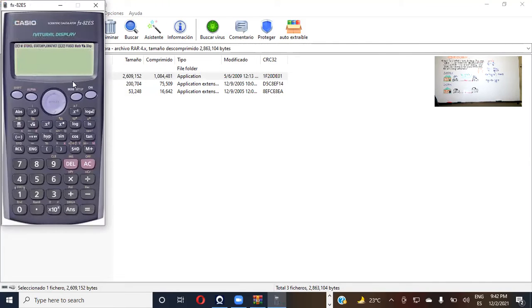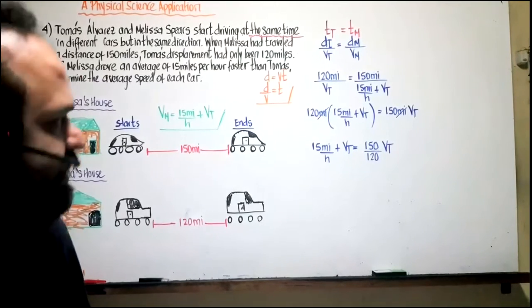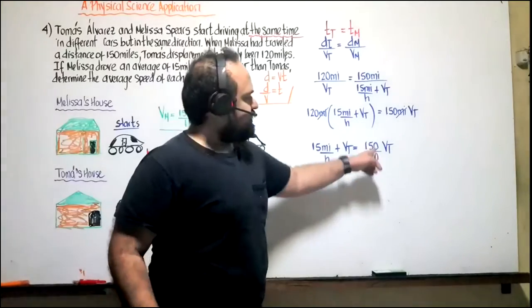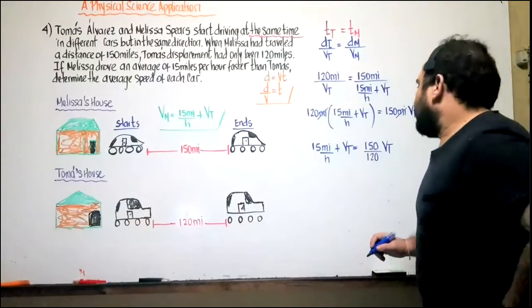As soon as you can see this application, we can divide the quantity 150 divided by 120, and the fraction will be 5 over 4, and that means this is going to be equal to 1.25 units. So we can divide these two quantities and the result will be 1.25.